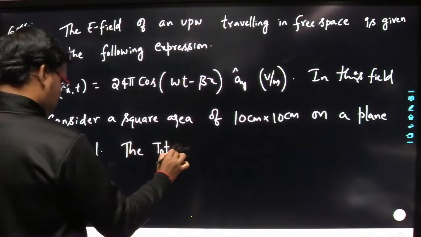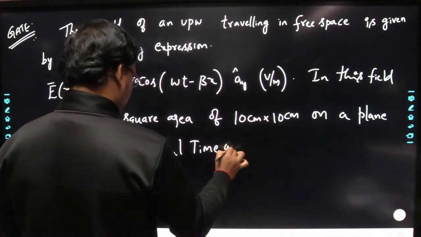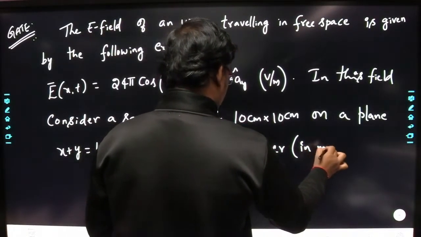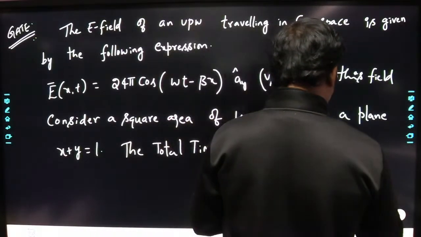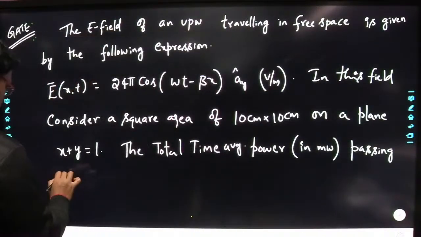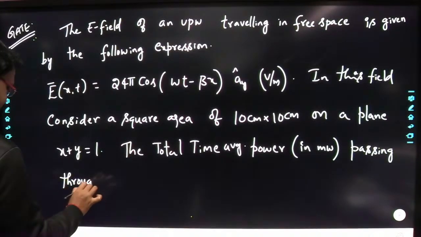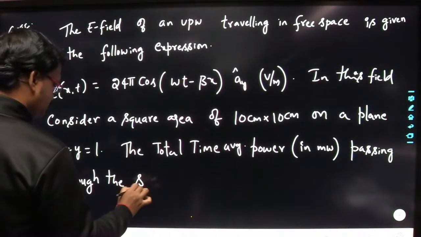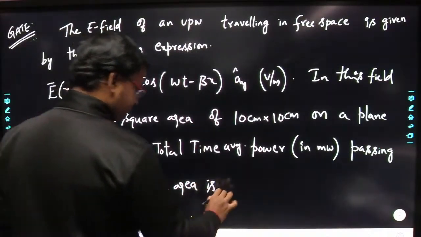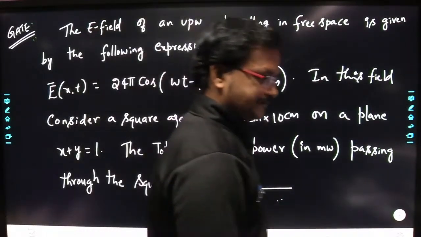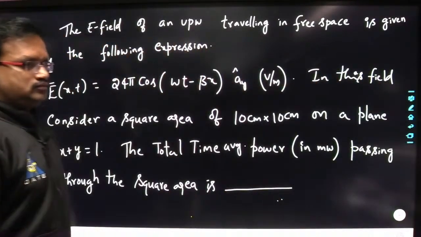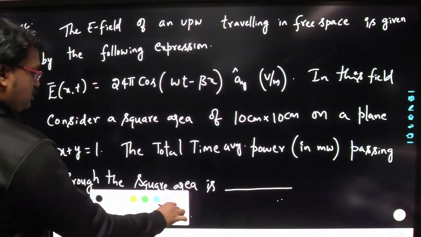Then the total time average power in milliwatts passing through the square area is. Okay. So this is what they are asking.